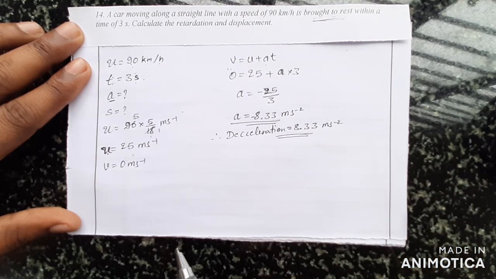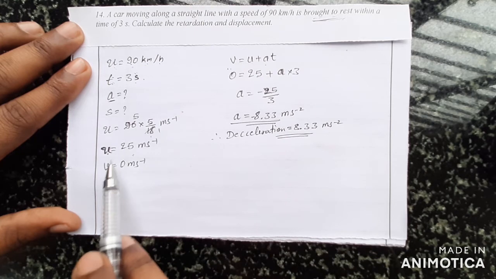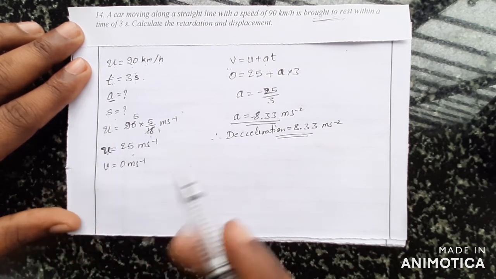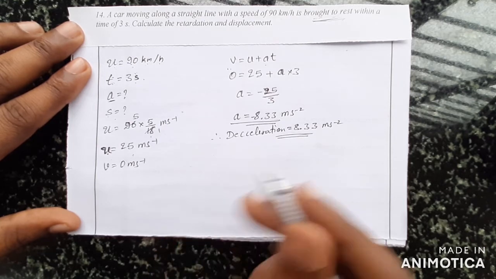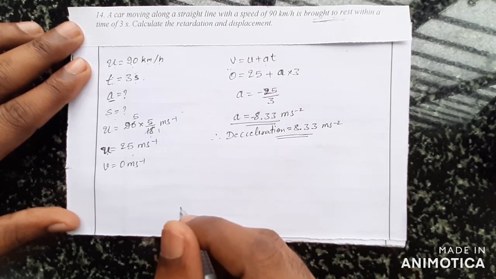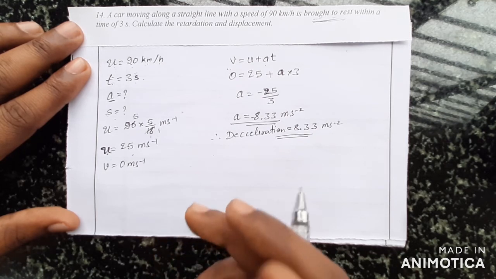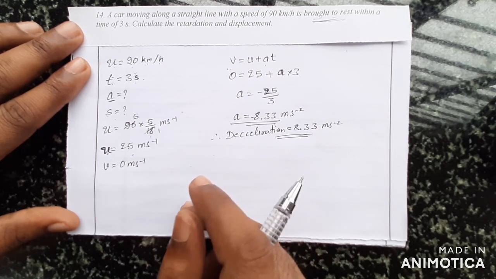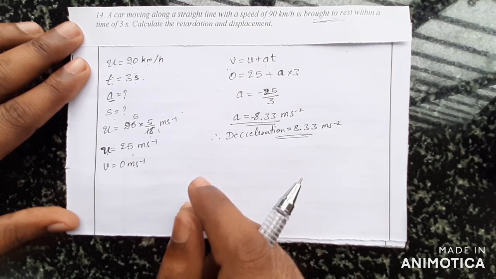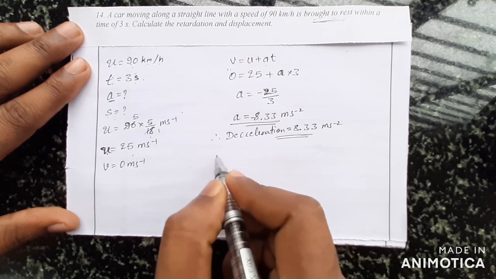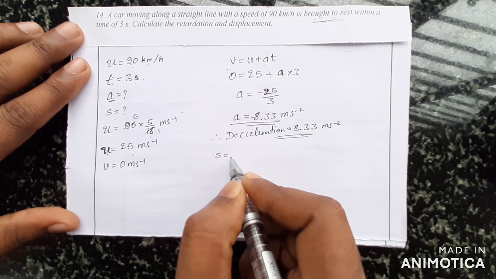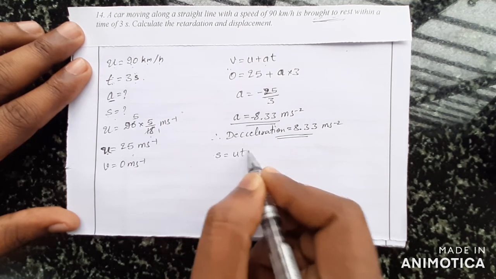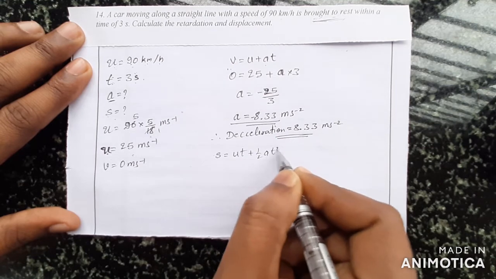Okay, easy. Next, displacement should also be calculated. How do we do that? We can go for two ways. One is s is equal to ut plus half at square, and the other is v squared minus u squared is equal to 2as. We can also make use of s is equal to (v plus u) by 2 into t. Right. I'll go with s is equal to ut plus half a t squared.